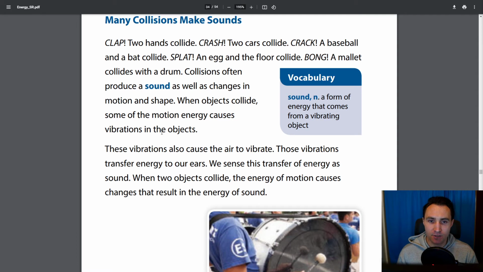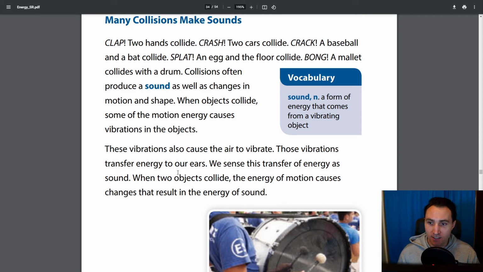So let's pause and read this definition for sound. A form of energy that comes from a vibrating object. So sound is a form of energy that comes from an object that is vibrating, moving. So when objects collide, some of the motion energy causes vibrations in the objects, which is causing sound. These vibrations also cause the air to vibrate.